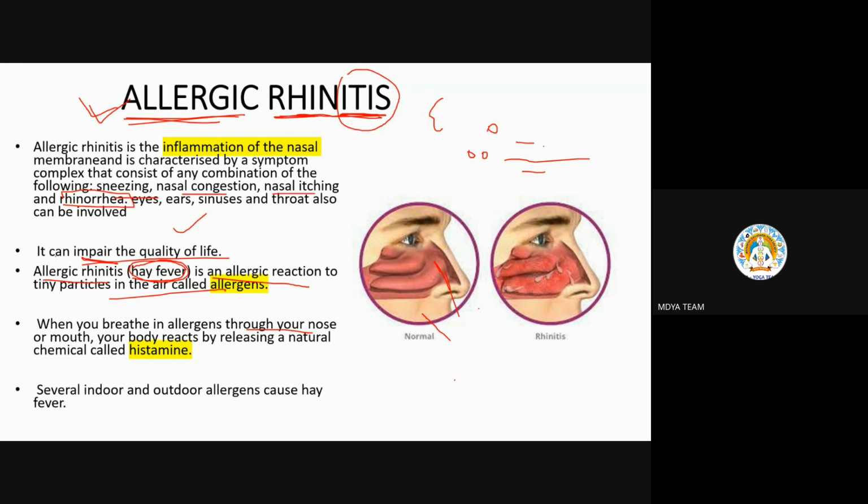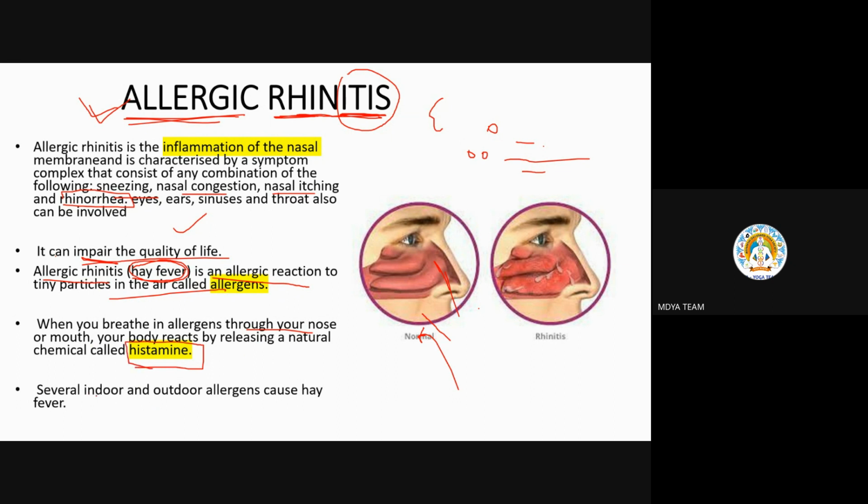Of course, if something comes inside our body, we give a reaction to it, just as if someone speaks to us, we give an answer. So when these allergens enter our body, our body in return releases a naturally occurring chemical called histamine.